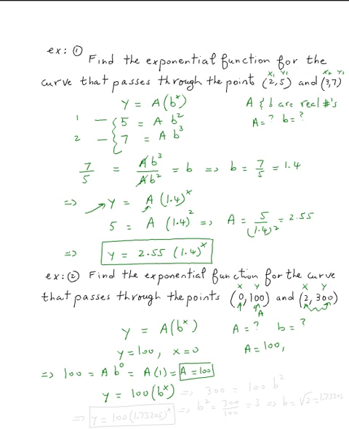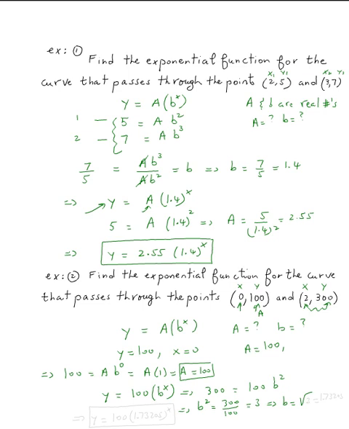So you always have to use the second point, where x is not 0. So let's plug it in. When y is 300, x is 2. Now, 100 b squared equals 300, so b squared is equal to 300 over 100, which is 3.